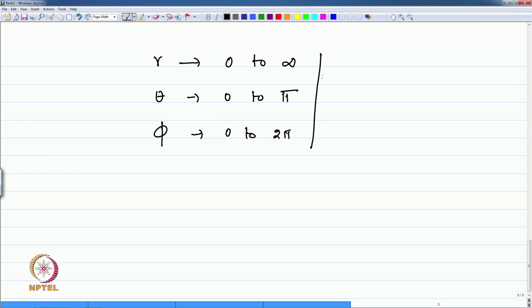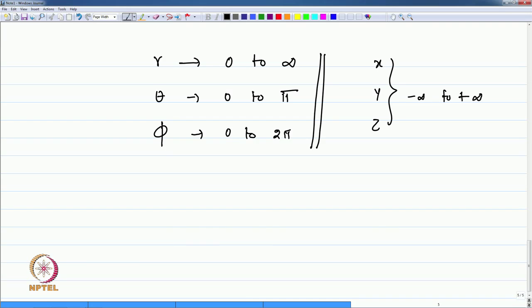And these are in parallel to x, y, z, all going from minus infinity to plus infinity in the Cartesian axes, taking care of the whole universal space.